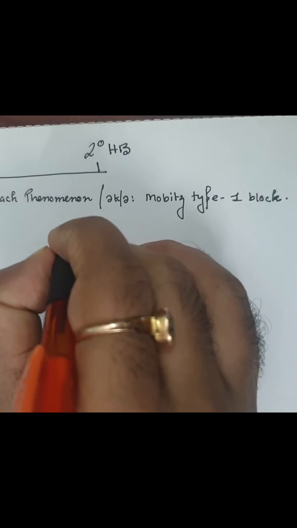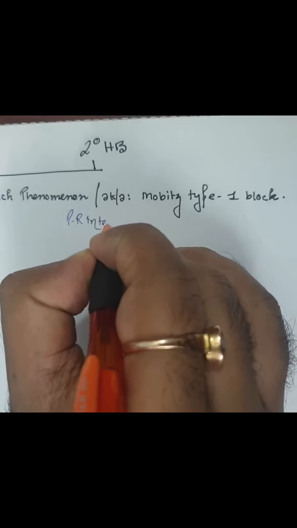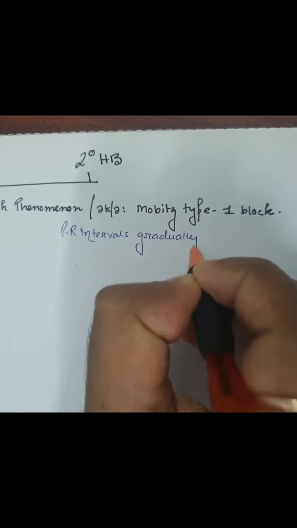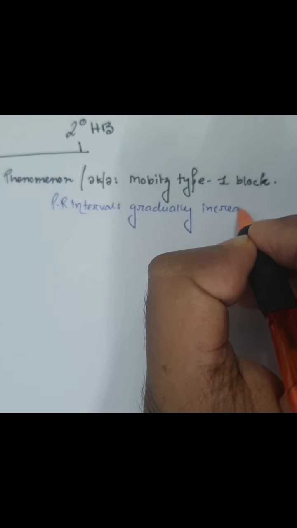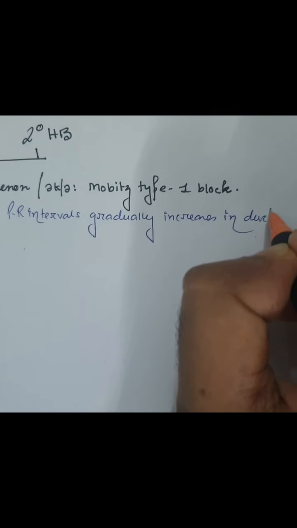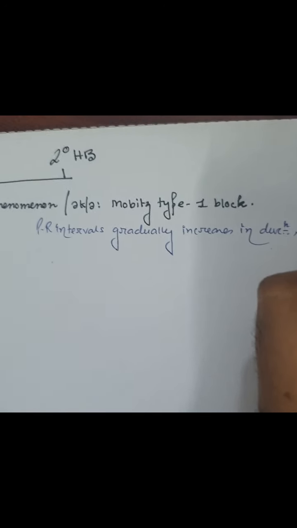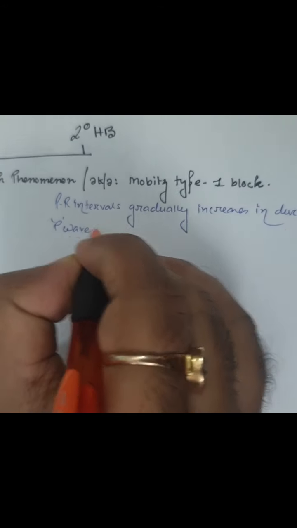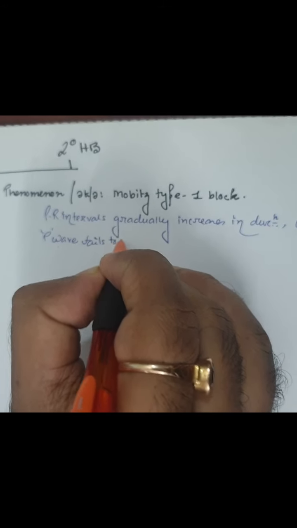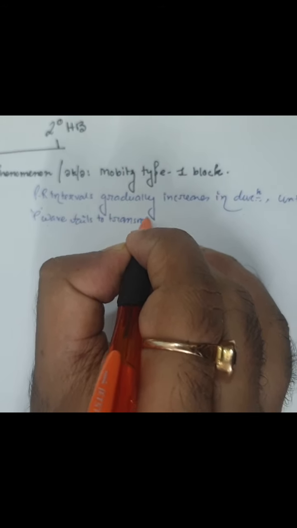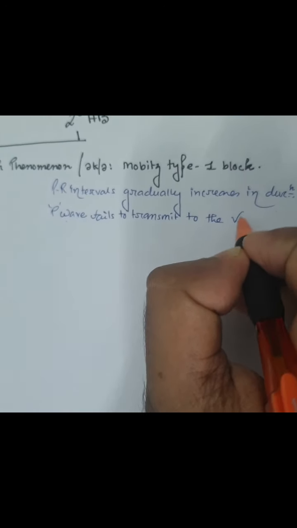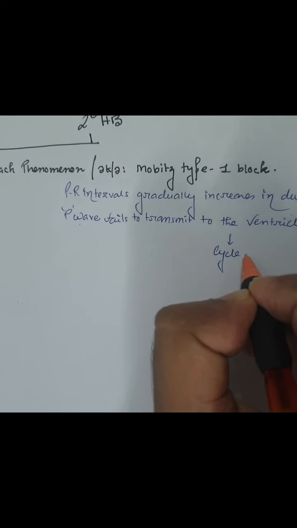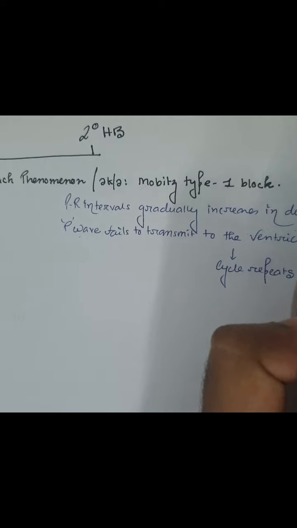So PR intervals gradually increase in duration until one P wave fails to transmit to the ventricles, and then the cycle repeats.